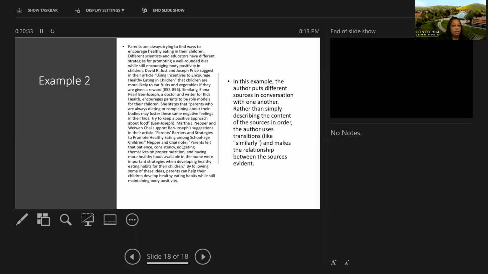Nipper and Chan note that parents felt that patience, consistency, educating themselves on proper nutrition, and having more healthy foods available in the home were important strategies when developing healthy eating habits for the children. Another direct quote, and by following some of these ideas, parents can help their children develop healthy eating habits while still maintaining body positivity. And then this is drawing upon a conclusion of comparing these two articles.